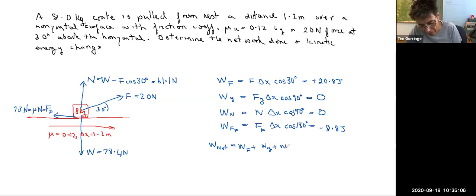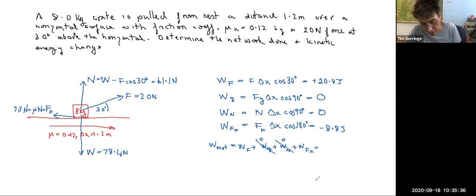The work done by the normal force, and again, we know that's zero now. And the work done by the frictional force, that's non-zero. So we add all these up. Two of them are zero. One of them is positive because that force tends to act in the direction of motion. And for the frictional force, that work done was negative because that acts opposite the direction of motion.